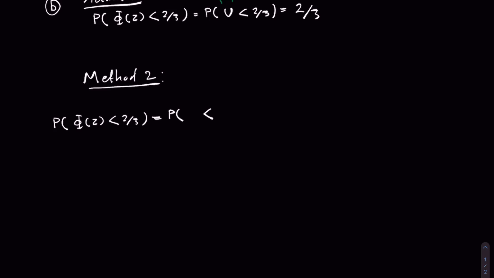So we could take the inverse of the CDF. Now we have this whole expression expressed in the Z variable, and the right hand side is a constant.